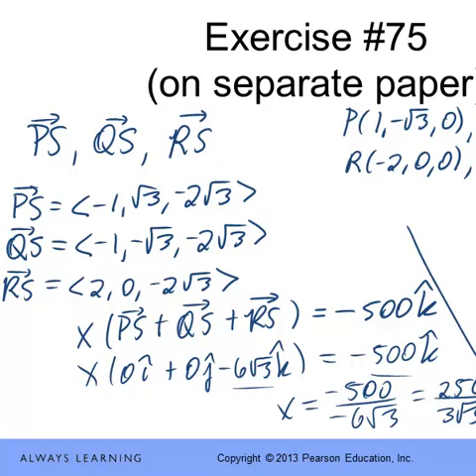But is that the tension I was looking for? No, it's just the multiplier that we would have for each of the PS, QS, and RS vectors.